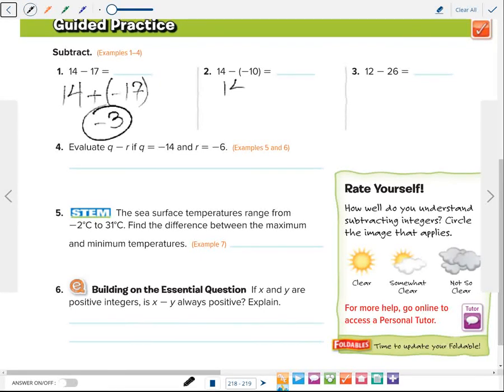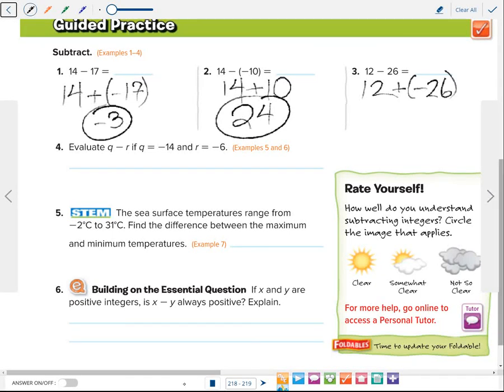We have 14, and a double negative becomes a positive. I'm picking up the pace a little bit so I can distribute the homework before class is over in 6 minutes. 12 minus 26, the additive inverse is 12 plus negative 26.